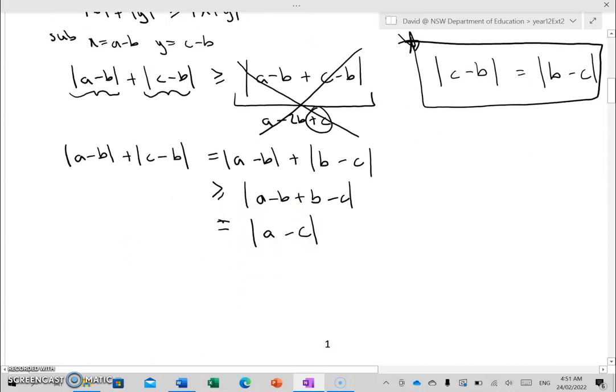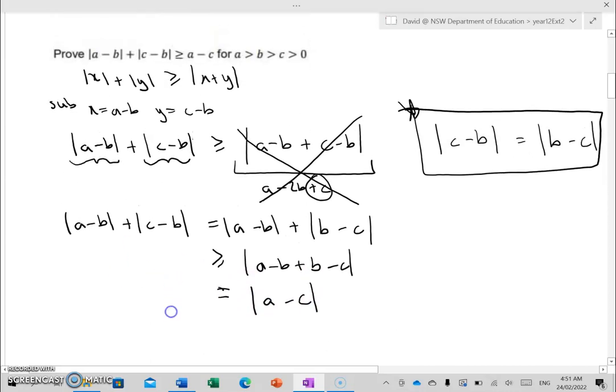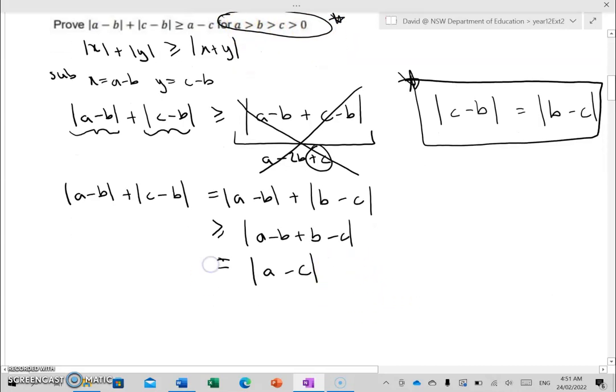Okay, and now we can quickly use this particular identity here and bring over the c, which is going to equal a minus c as a minus c is greater than 0.